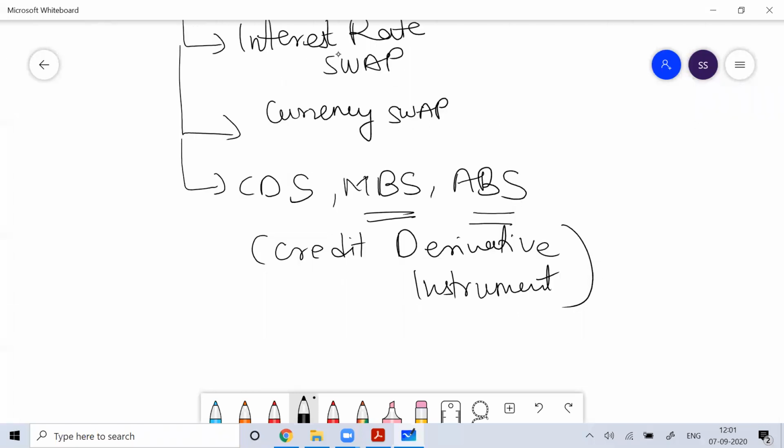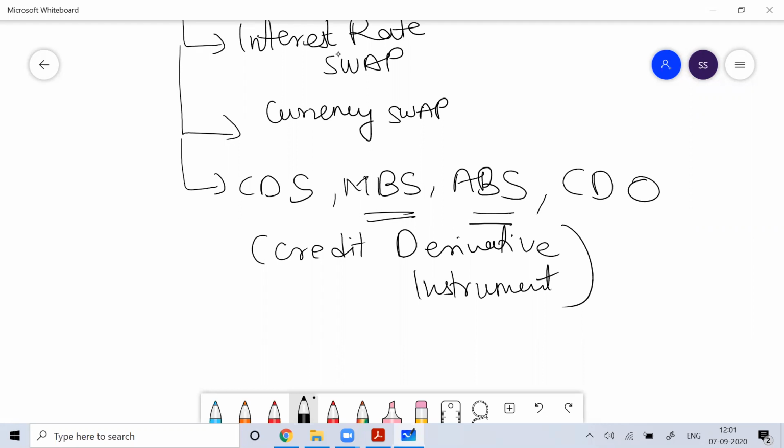They are the reason for the US 2007-8 subprime crisis: credit default swaps, mortgage-backed securities, asset-backed securities, and CDOs, collateralized debt obligations. Read about them.